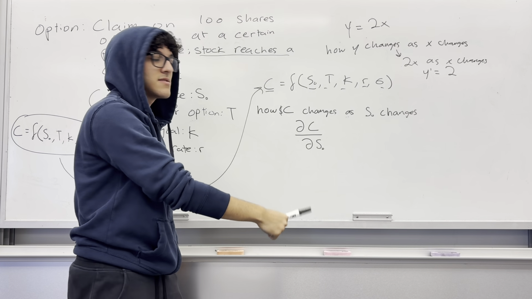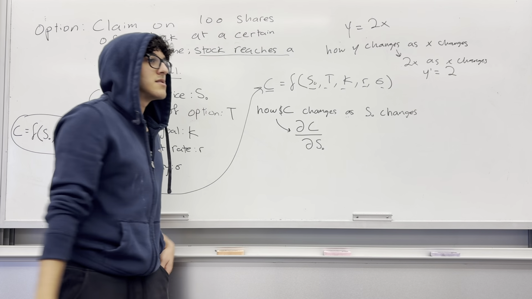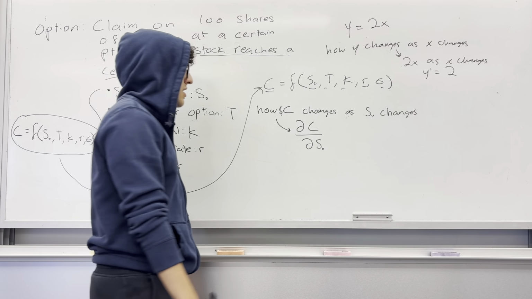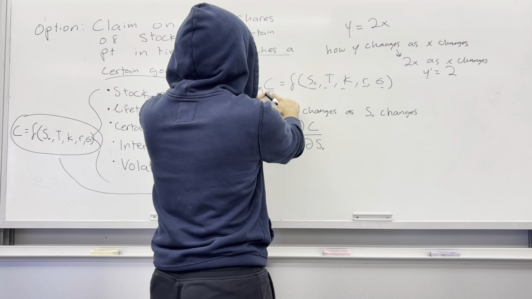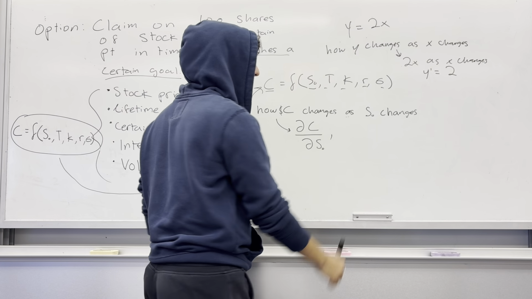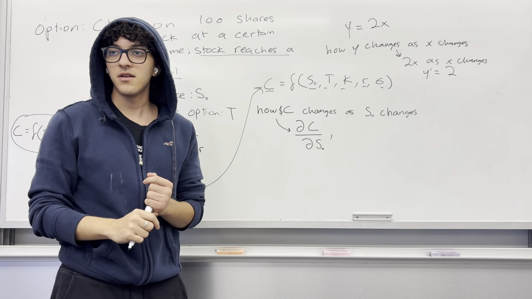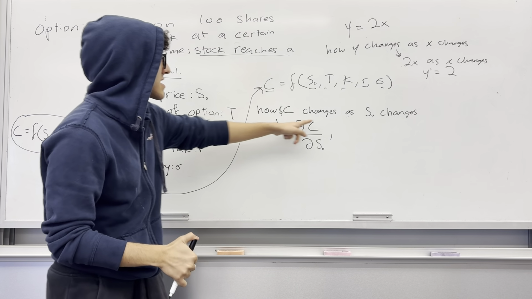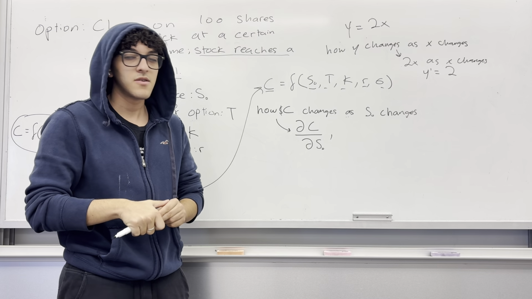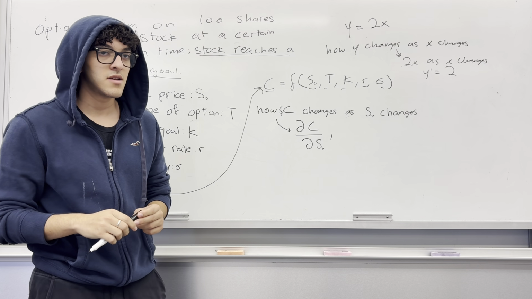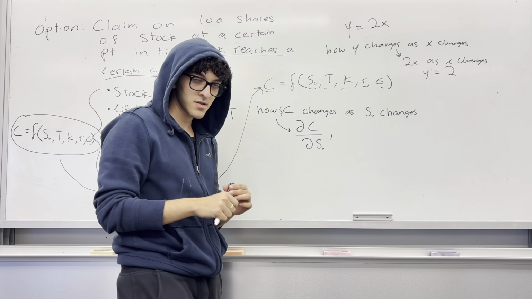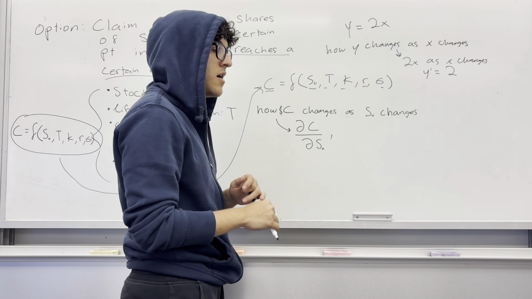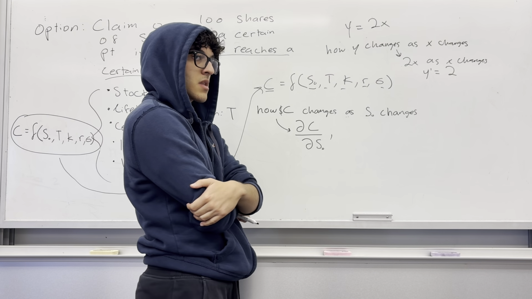That's this. It's a partial derivative. And we can just keep going. Is that the partial derivative of the call or the partial derivative of the stock price? No, this is basically saying this, it's with respect to the y of the function. It's the partial derivative of the call with respect to the stock.